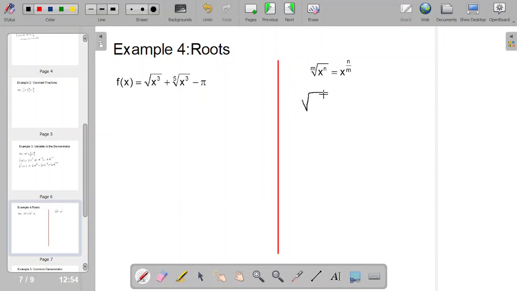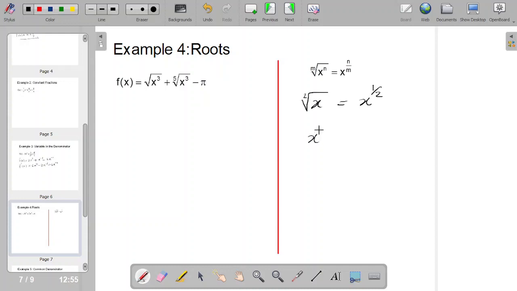A simple example is if you have square root of x, this means you have x, you have 1 here, so it goes in the numerator, over, it's the square root, so there's an invisible 2 there, so it's over 2.